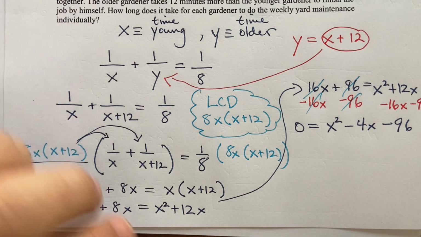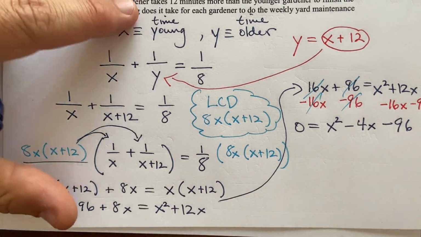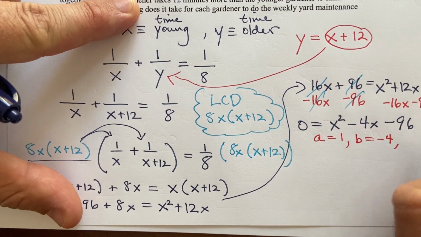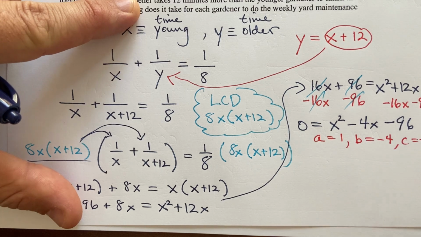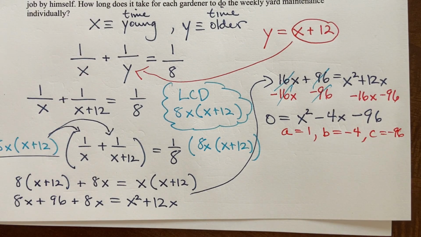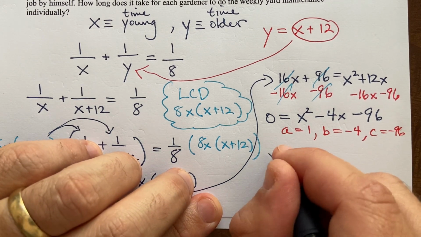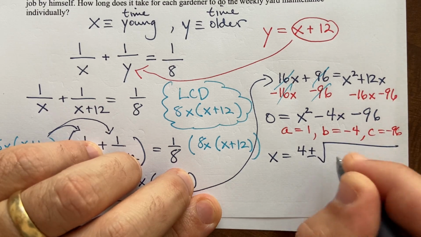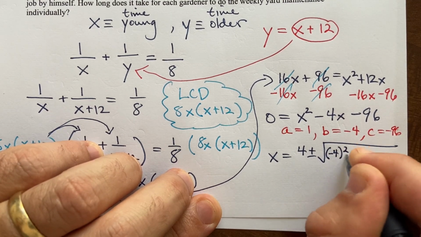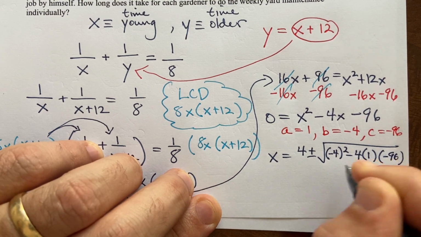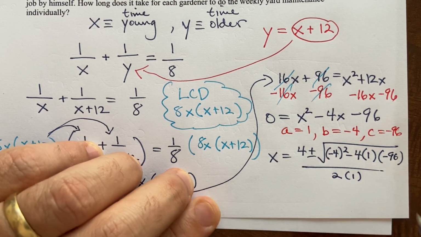Right? Quadratic formula, I would use a of 1, b of negative 4, and c of negative 96. So x would equal the opposite of negative 4, which is 4, plus and minus the square root of negative 4 squared, minus 4 times a times c, all over 2 times a.